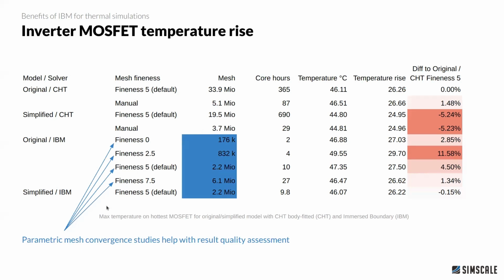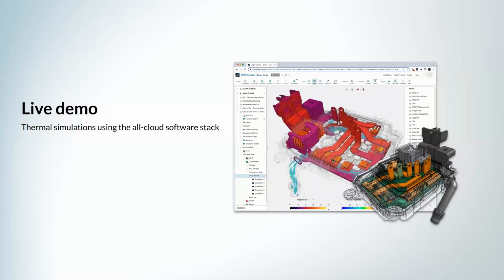And additionally, we implemented a way how you can run such fineness studies automatically, as a parametric convergence study that helps you judge the quality of your results, as you can go very, very coarse, right? Numerically, your results still are very sensible, but it might be off to a larger extent than you would expect or than you would need to make good decisions with your model.